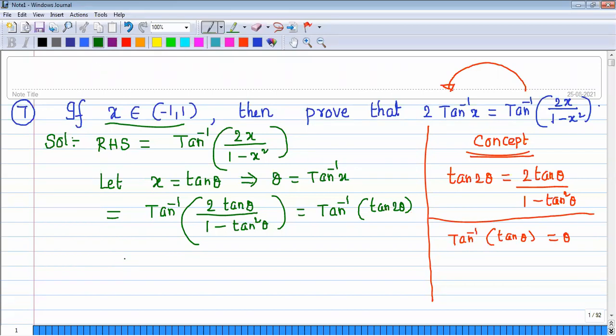No problem, this can be written as 2 theta. But theta is nothing but tan inverse x. So this equals 2 tan inverse x. This is LHS. Hence it is proved. Understood now? Yes, sir.